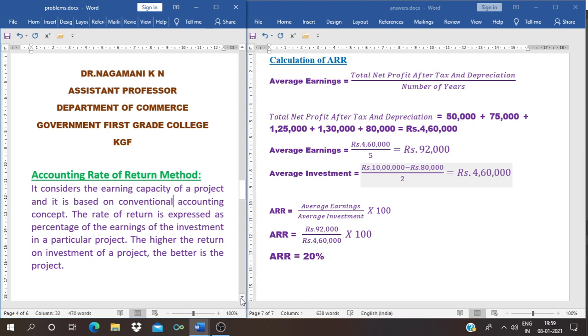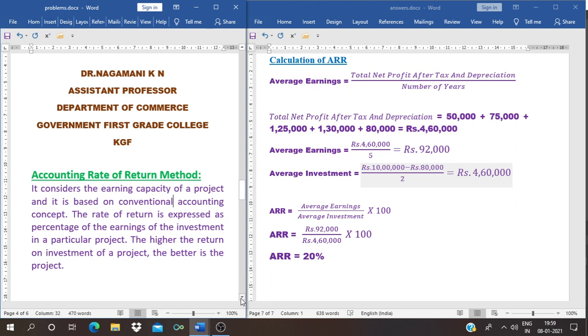What is the custom or the usage or the practice followed by the accountant? There are some rules and regulations at the time of preparing financial statements. Like that, here also, for the purpose of calculating ARR, there are some rules, regulations, practices and customs. And this ARR is always expressed in the form of percentage.